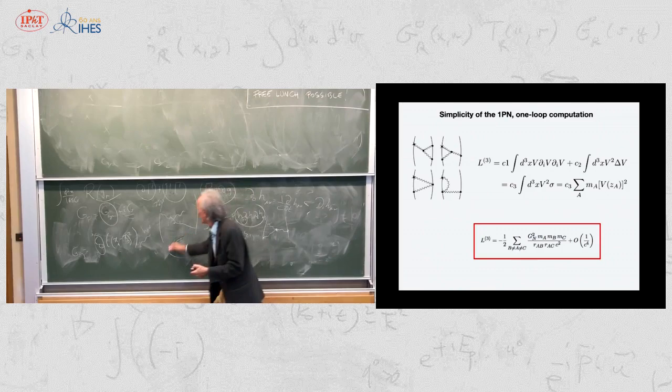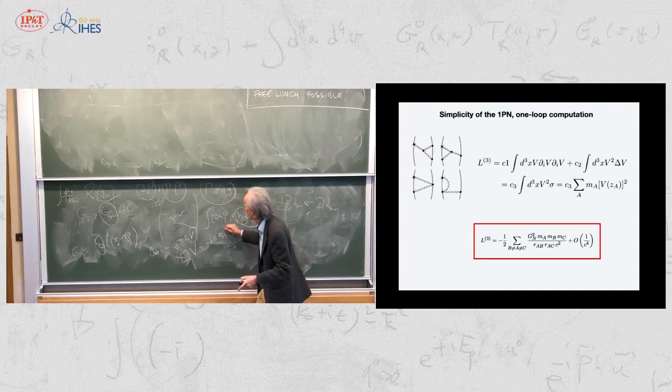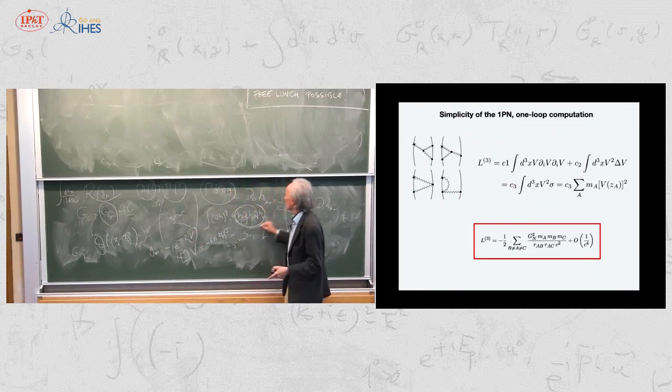I have said that if you write g00 as minus exponential of minus 2V, this object satisfies a linear equation, d'Alembertian of V equals minus 4 pi G sigma, where G now is Newton's G. And it is only this object that will come into all those complicated things.